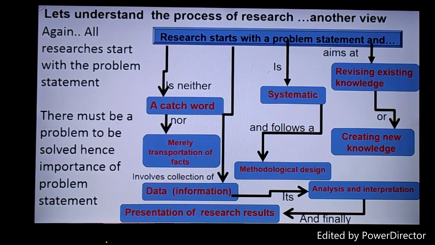Research is systematic and follows a methodological design. Research is neither a catchword nor merely transportation of facts. Research involves collection of data, information, its analysis and interpretation, and finally, presentation of the research results.